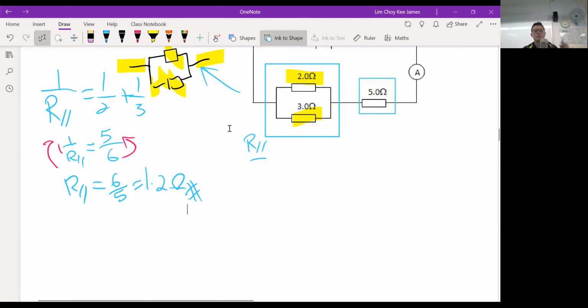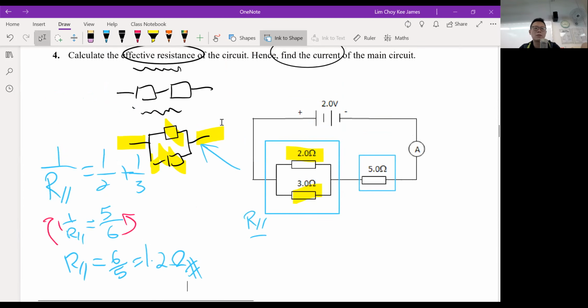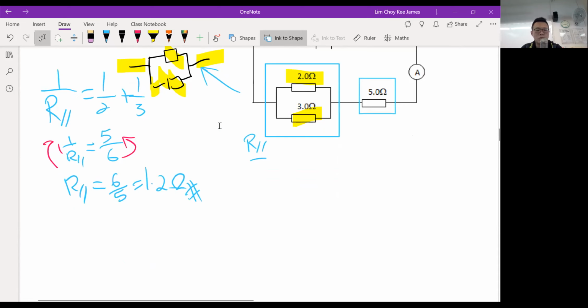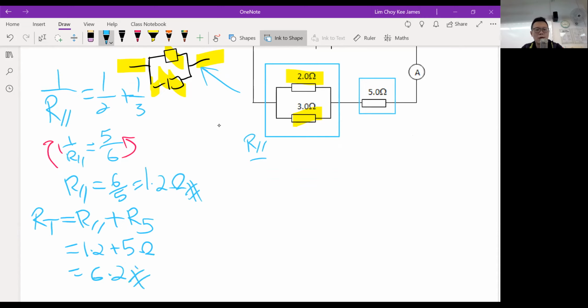Then you don't end here, because what the question wants is the effective resistance, the total resistance. So here you must continue. R total will be R parallel plus R5. This is what I mean by series: 5 ohm is in series with the parallel branch. So it will be a simple 1.2 plus 5 ohm, which is 6.2 ohm. That will be the RT.